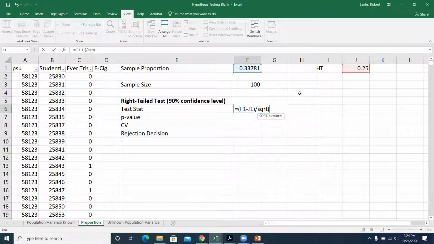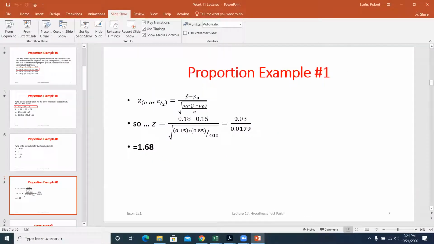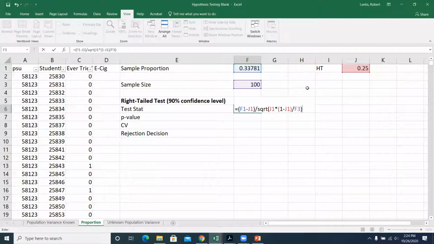We'll then divide by the square root of that assumed true population proportion times 1 minus that assumed true population proportion divided by my sample size. Right? So I just took this test statistic equation and entered that formula into Excel by clicking on the cells that had these values in them. So I'll hit enter here, and that should give me my test statistic.